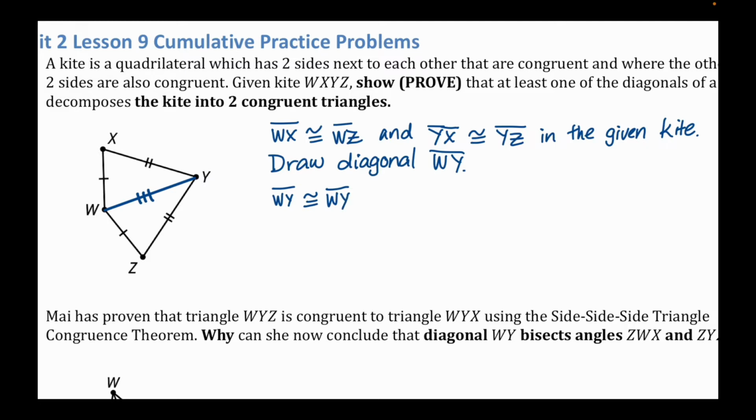Now, since this wasn't just given to us, we actually have to explain why. Because all segments are congruent to themselves.